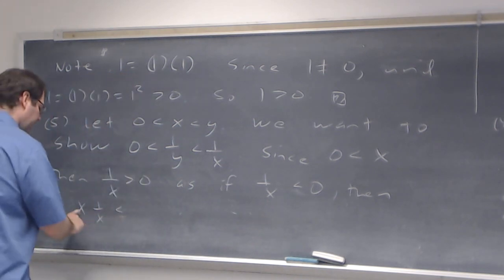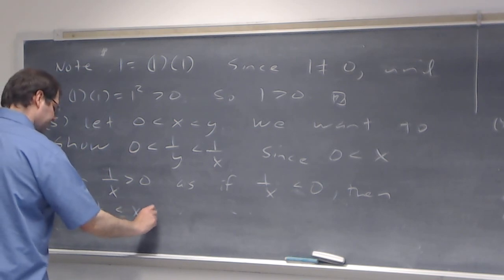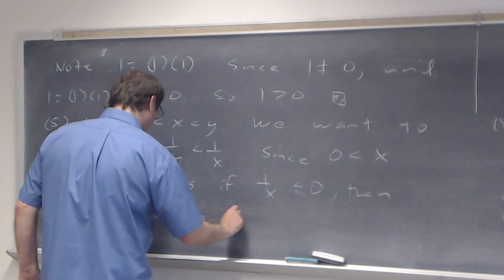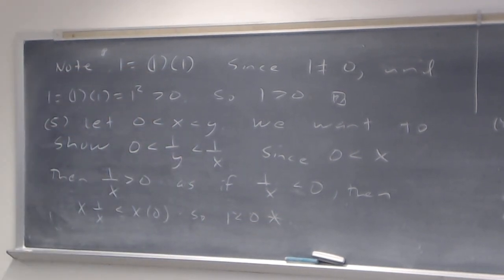Then x times 1 over x will be less than x times 0, and so that would say 1 is less than 0, which we know to be a falsehood. So it cannot be the case that 1 over x is less than 0.